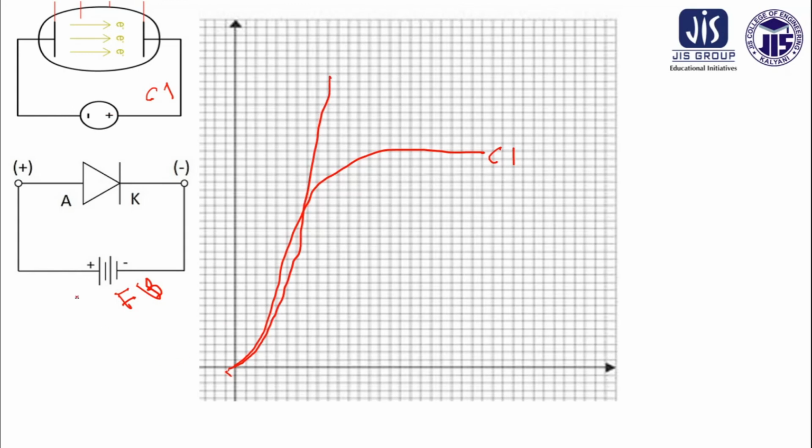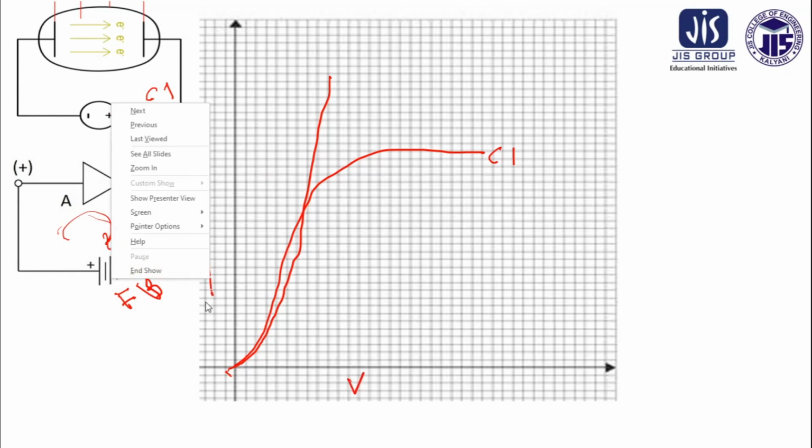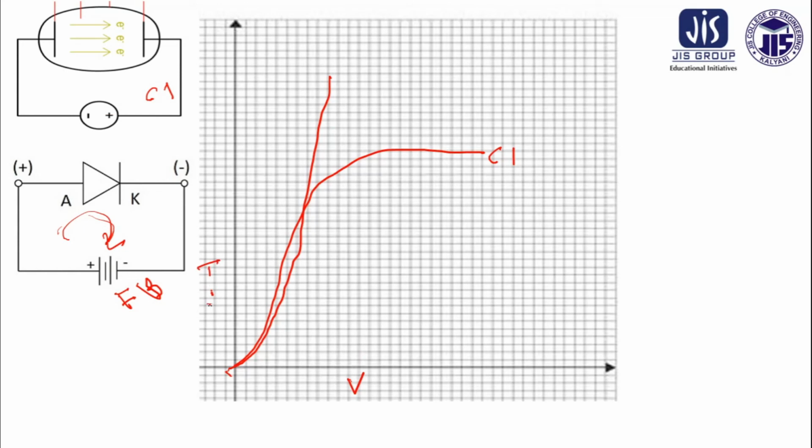Okay, so if I consider the forward bias characteristics of the diode, it looks like that. Here it is the voltage, here it is the current. You see that this is for the diode valve and this is for the PN junction.